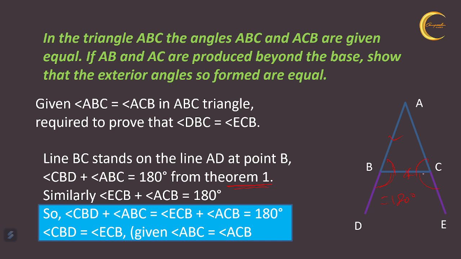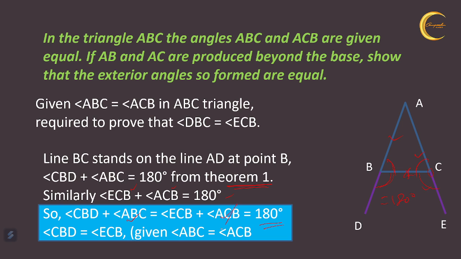Now again, the same principle: this AE line, and this BC line stands on the AE line at the point C. So this angle and this angle equal 180 degrees. So this ECB plus angle ACB equals 180 degrees, so that CBD plus angle ABC equals angle ECB plus angle ACB equals 180 degrees, and these two angles are the same.